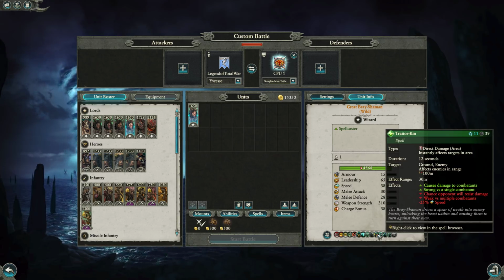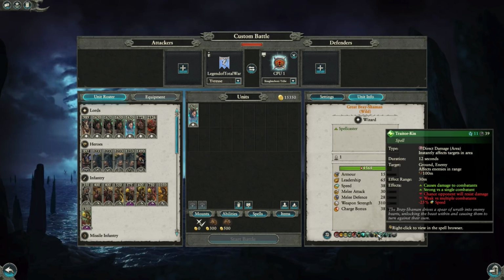Alright, so if we have a look, where it says causes damage to combatants, strong versus a single combatant. What that means is it's strong versus an individual, right? So like Spirit Leech does that. But it says weak versus multiple combatants. If you've ever used Traitorkin since the update, you'll know that it's actually the opposite. Somebody just got the description around the wrong way there.